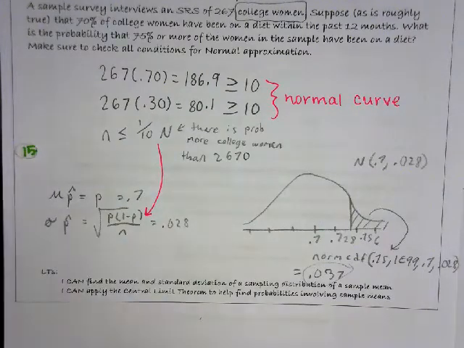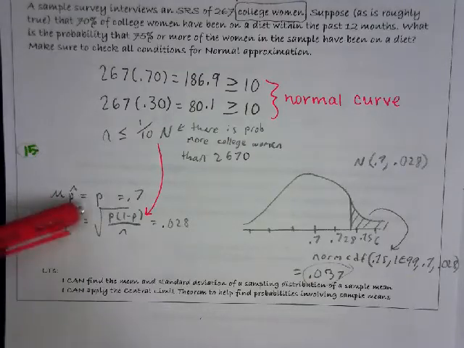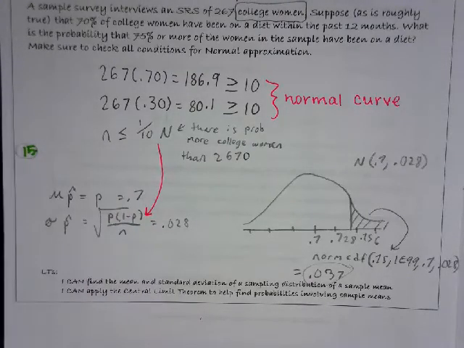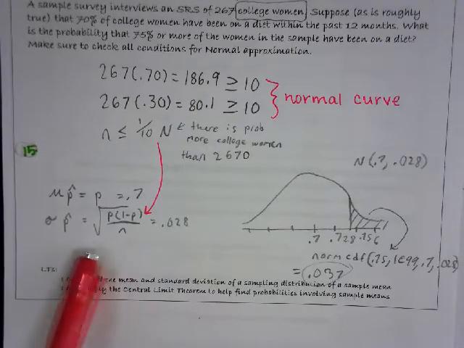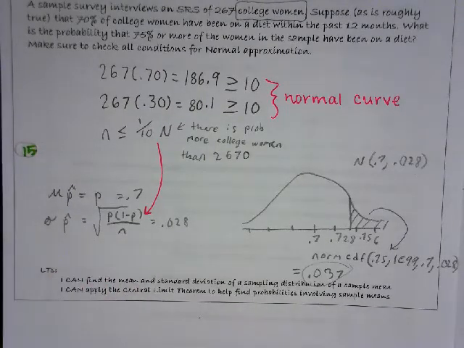So once she checked that condition, she found the mean. The mean of p hat is just p, which is 0.7. And the standard deviation of p hat comes from the square root of p times 1 minus p divided by n, which is 0.028.